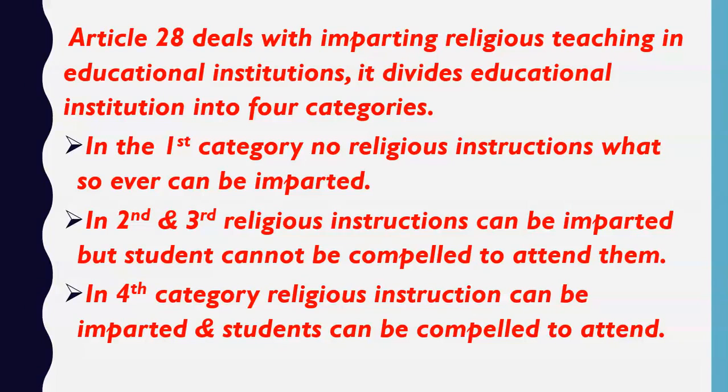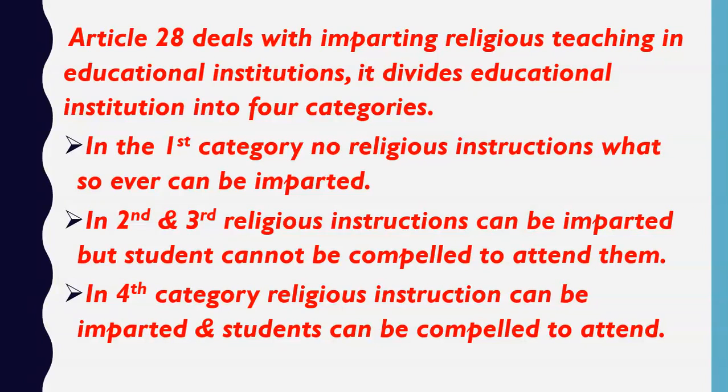It means that Article 28 tells us whether religious teachings can be given in a category of educational institutions or not, and if religious teachings can be given, then which category of educational institutions can give these types of teachings. So what is the basic work of Article 28? Article 28 deals with giving religious teachings, meaning teachings related to religion, in educational institutions.